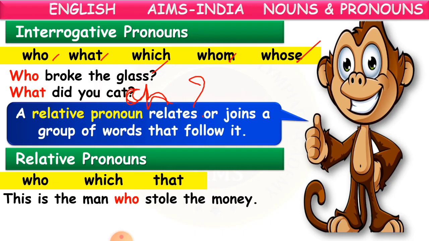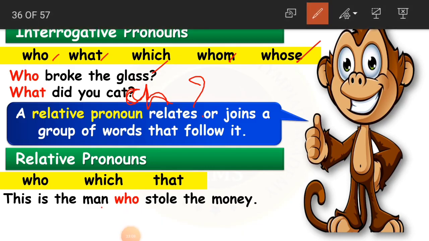We are just joining a group of words and making it a single sentence by adding a relative pronoun, that is who. And how is the sentence now? This is the man who stole the money. It is relating the words. That is why it is a relative pronoun. Okay, children.